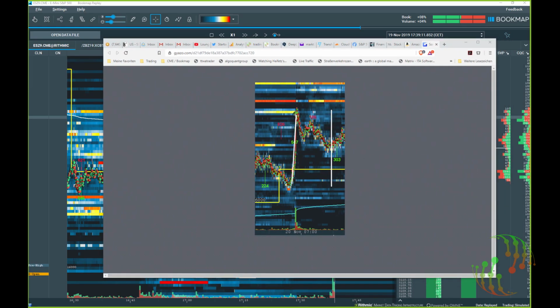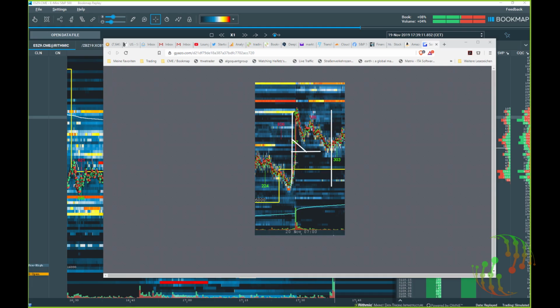It's a 90-degree move. You see that? So this is one characteristic of sweeps, and we do not jump on board here.